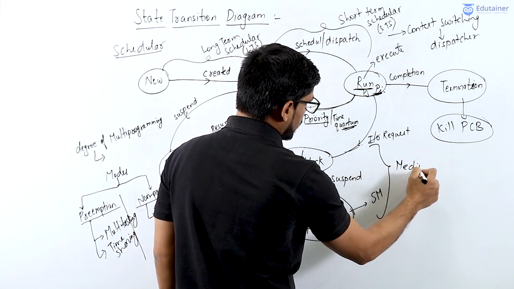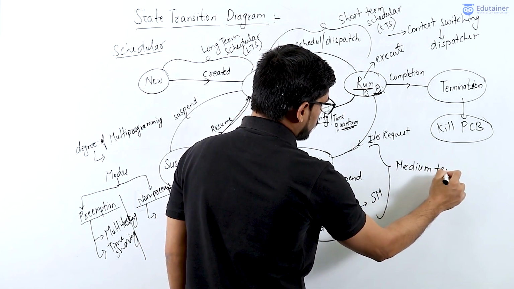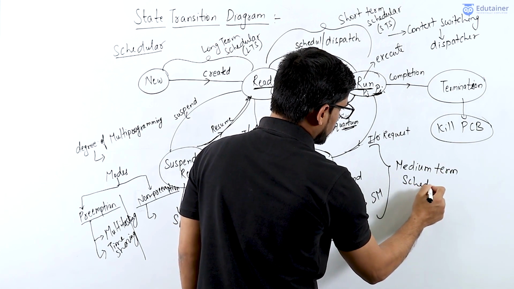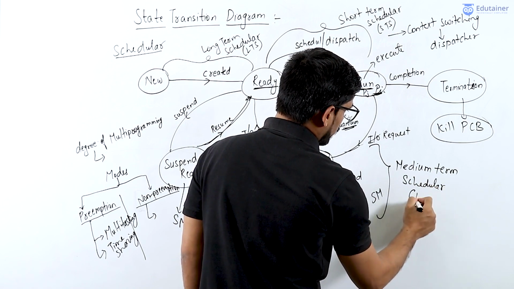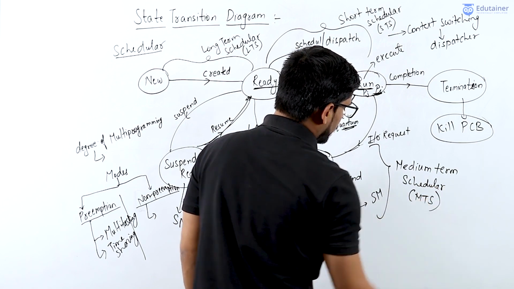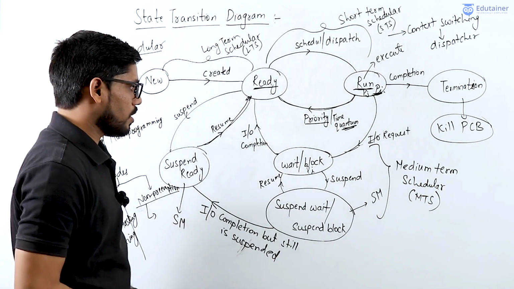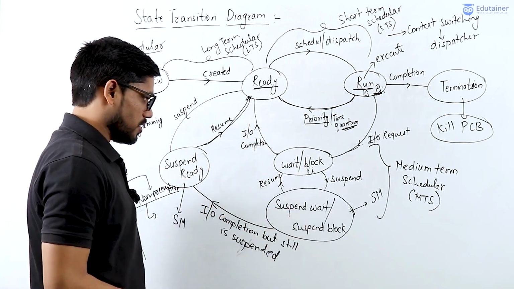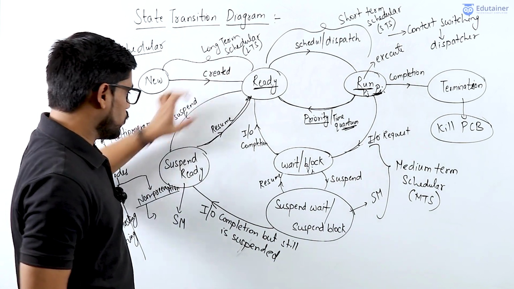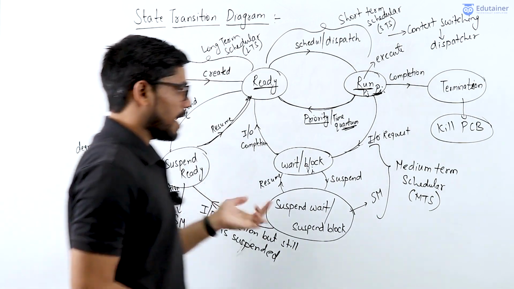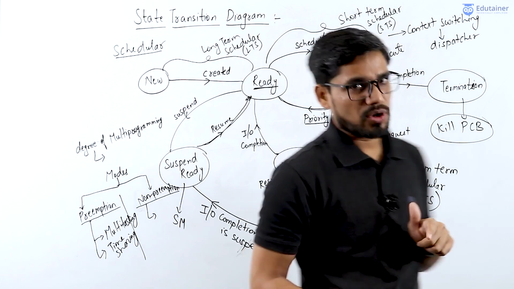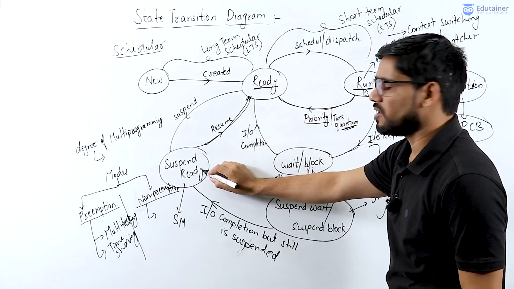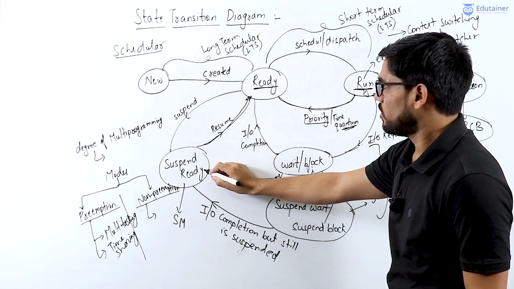The medium-term scheduler decides which process will be present in main memory and which process will be present in secondary memory. The medium-term scheduler is abbreviated as MTS. So generally wait or block state to suspend wait or suspend block state, or ready state to suspend ready state is handled by the medium-term scheduler, because the ready state is present in main memory while suspend ready is present in secondary memory.